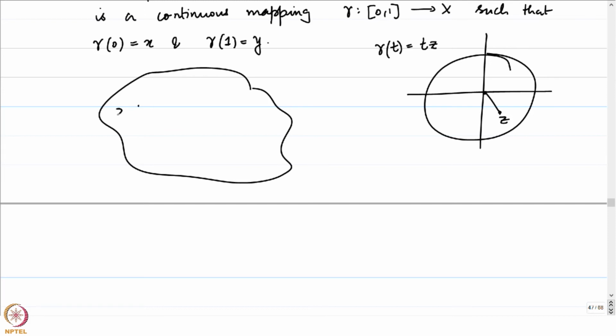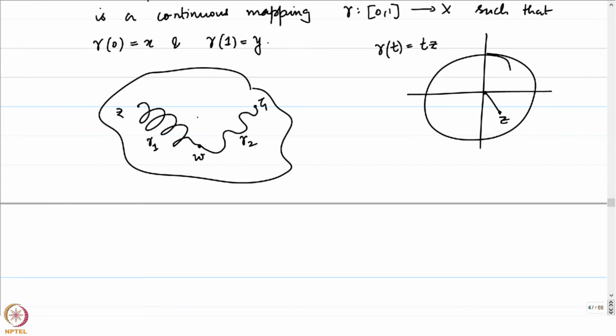Suppose you have a path from, say, Z to W, let's call this gamma 1. And suppose there is a path now from W to, say, zeta, and let's call this gamma 2. If you traverse along gamma 1 till W and then along gamma 2 till zeta, then effectively we will be getting hold of a path from Z to zeta, isn't it?